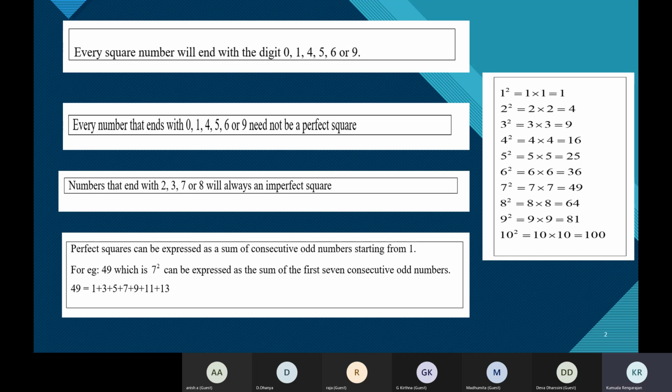So its square, 29 into 29, will end with the digit 1. The square of 29 is 841. 9 9s are 81. It will end with 1.